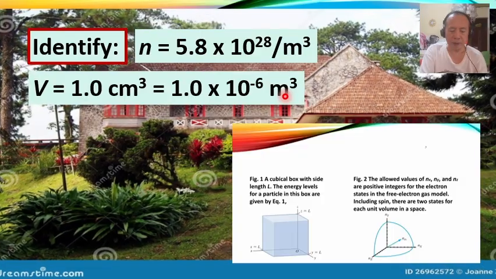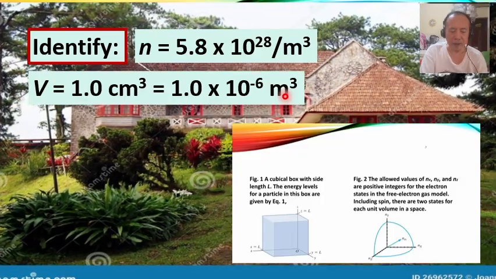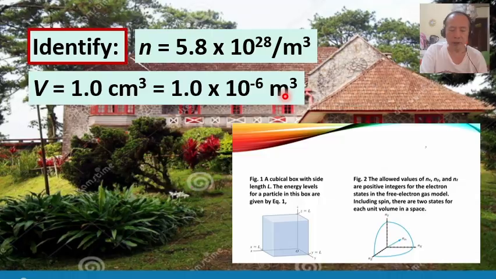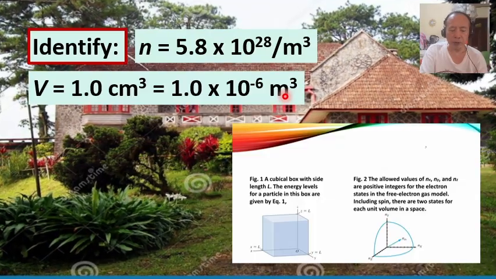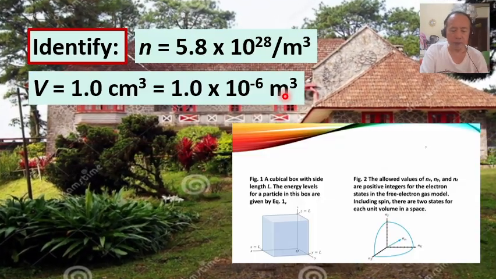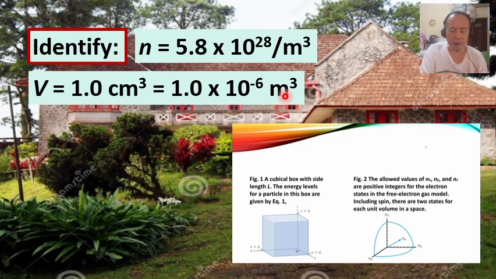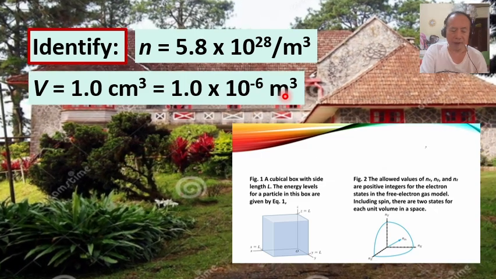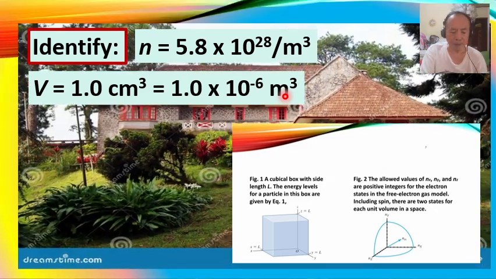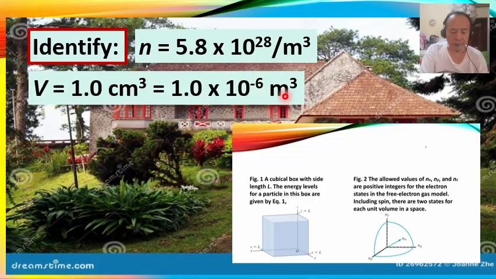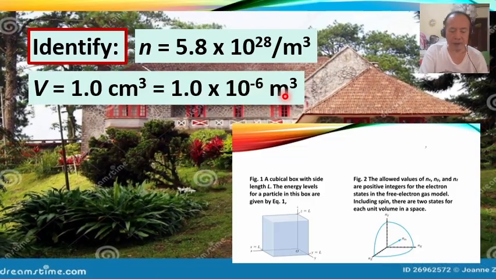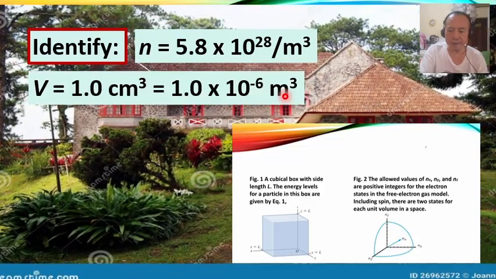The volume of the silver metal is also given, equal to capital V equals 1.0 centimeter cube, or that is 1.0 times 10 raised to the negative 6 meter cube. The given absolute temperature, capital T, is 0 Kelvin.